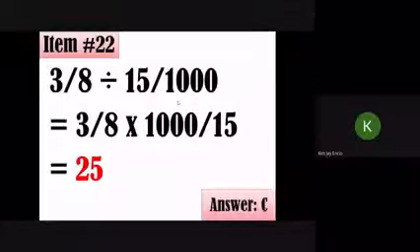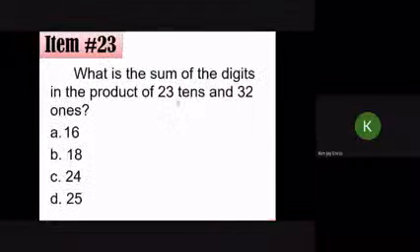Let's have number 23. What is the sum of the digits in the product of 23 tens and 32 ones? Take note, sum of the digits in the product of 23 tens and 32 ones. 16, 18, 24, or 25.